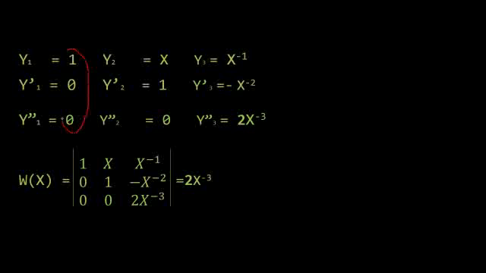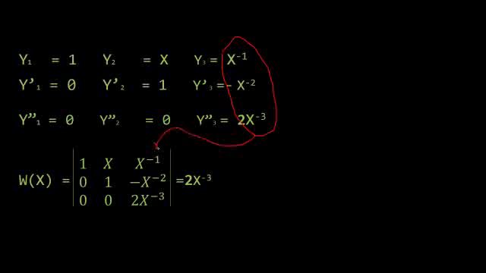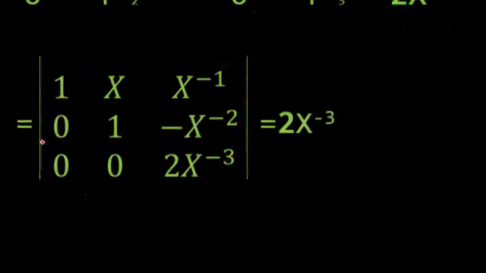So substituting this to here, this is just like this, and this one, and this one. After that, we will evaluate this 3 by 3 matrix, and after simplifying, we found out that this is just equal to 2 x to the negative 3.